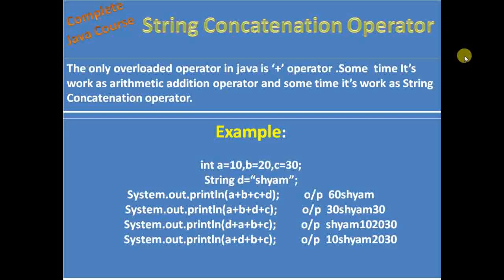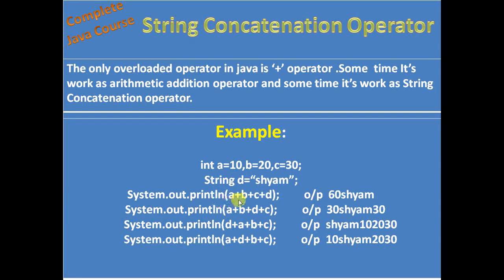For example, here we have defined integer a with value 10, integer b with value 20, integer c with value 30, and string d with value Siam. If we try to add these variables in different combinations, we will get different results.